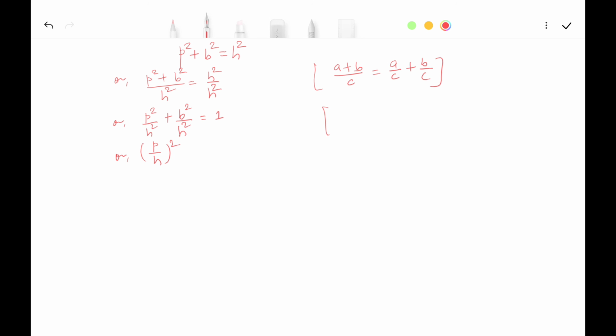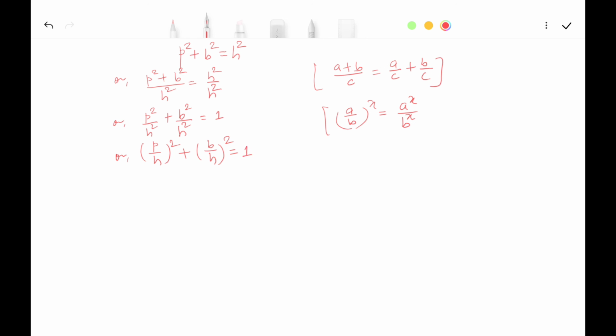Because in laws of indices, if a by b has power x, then it can also be written as a to the power x divided by b to the power x. So this is how the power can be distributed inside the bracket in case of division. Vice versa is also true. The same case here. Now here this is b by h whole square.